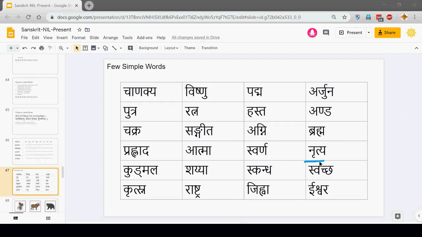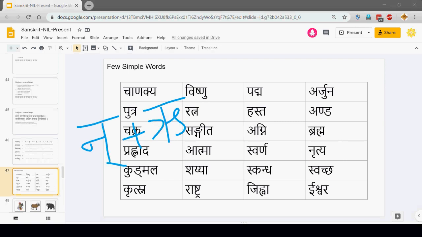Okay, next letter. Nritya. So the first one is not a conjunct letter. It is a dru, which is just a compound letter. What does the dru contain? It contains the consonant na, and there is a ru. Ru is a vowel, like a, e, u.